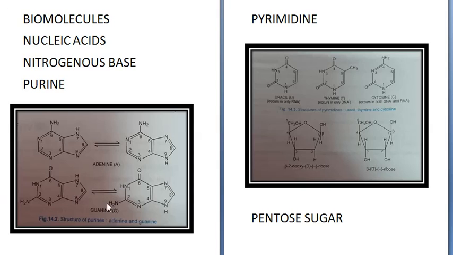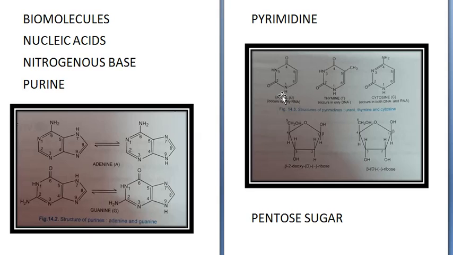Now, the second type of nitrogenous base is pyrimidine. There are three types of pyrimidines in nucleic acids.